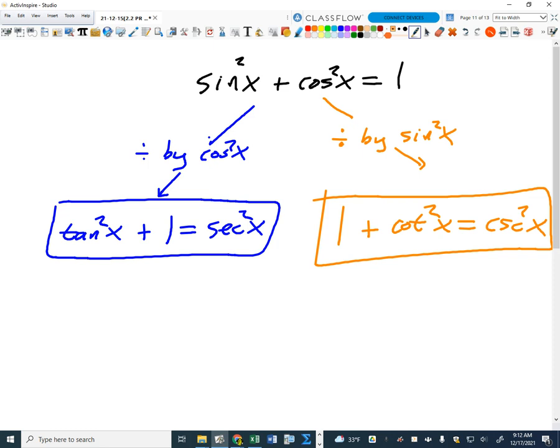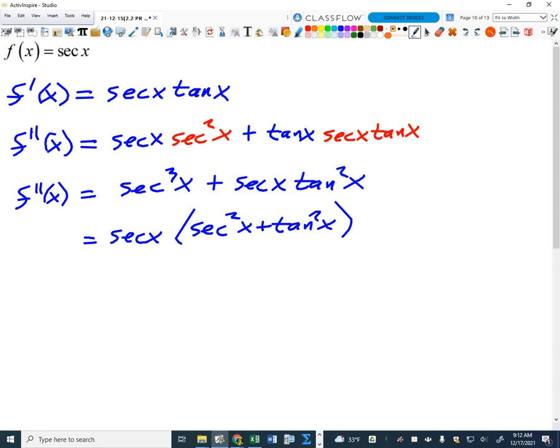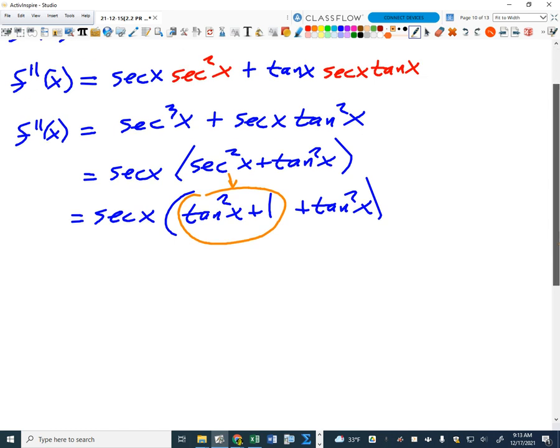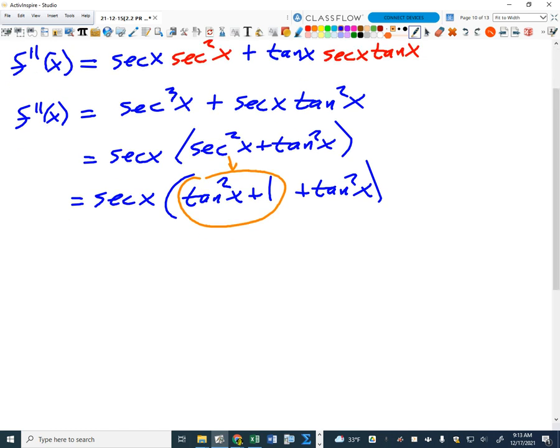We could use the fact that secant squared equals tangent squared x plus 1. And if I go back to this page, I could trade this for... right, I'm making this trade, aren't I? Okay, and then now look what I have.